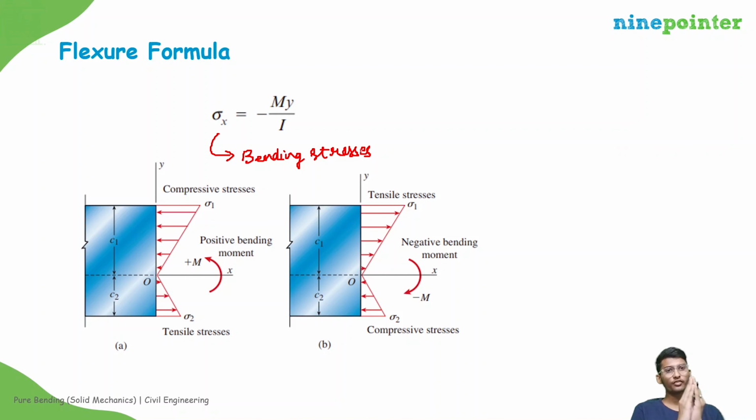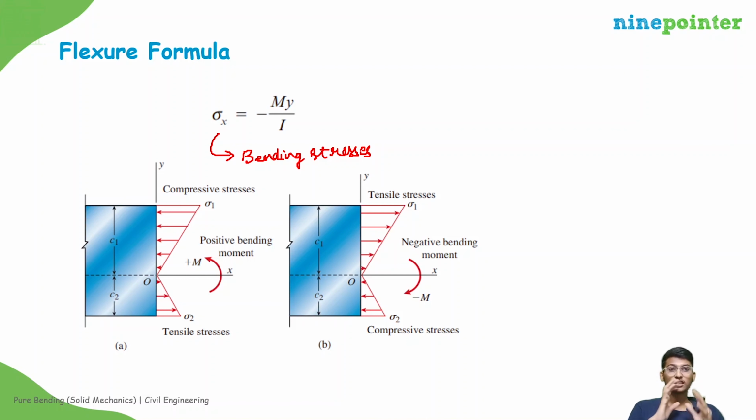Because of this applied bending moment, at every cross section there will be some value of bending moment. That bending moment at that cross section is causing the normal stresses at that cross section.